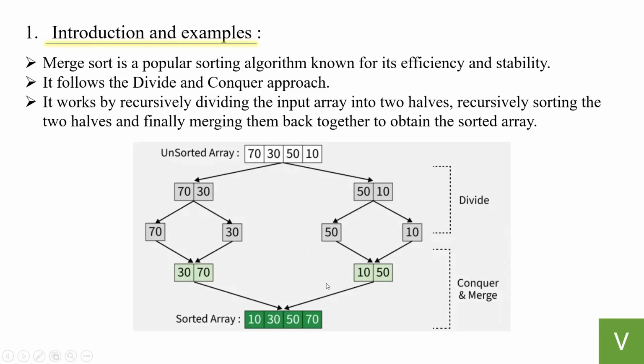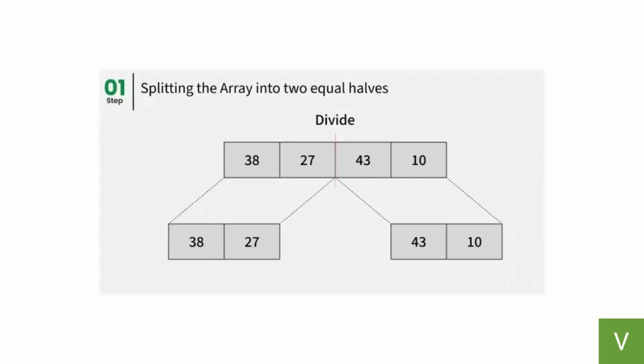Here compare 30 and 10. 10 is smaller. Again compare 30 and 50. 30 is smaller. Again compare 70 and 50. 50 is smaller. And finally the remaining element is 70. So 70 is inserted into the array.